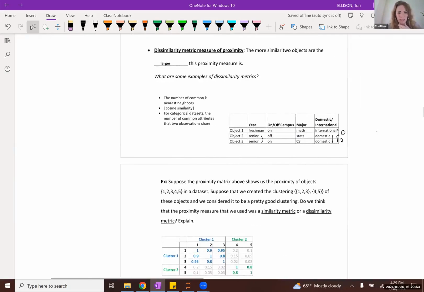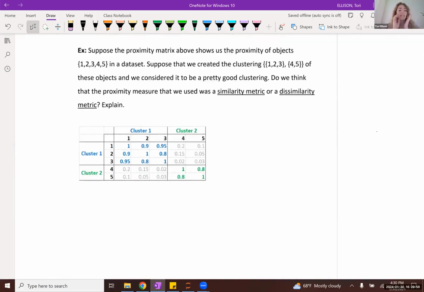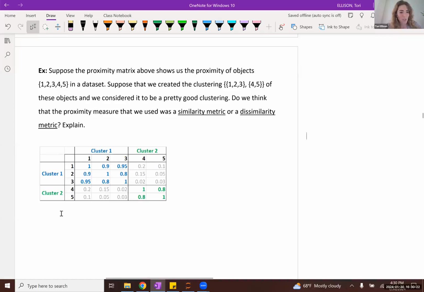So for instance, let's say we created this proximity matrix of a given data set with 5 observations. And we also know that we clustered that data set into the following: 1, 2, and 3 were in cluster 1, and 4 and 5 were in cluster 2. And we said that this clustering was actually a really good clustering. So based on that knowledge, do we think that we were using a similarity or a dissimilarity metric?